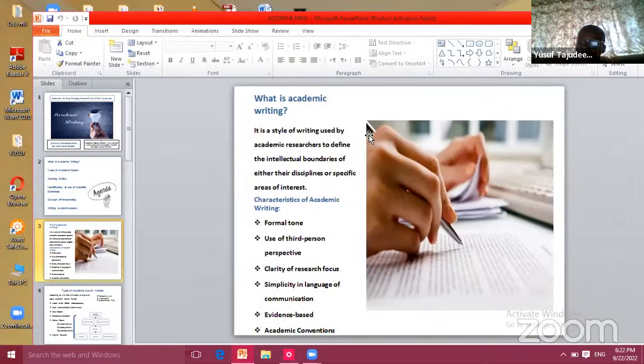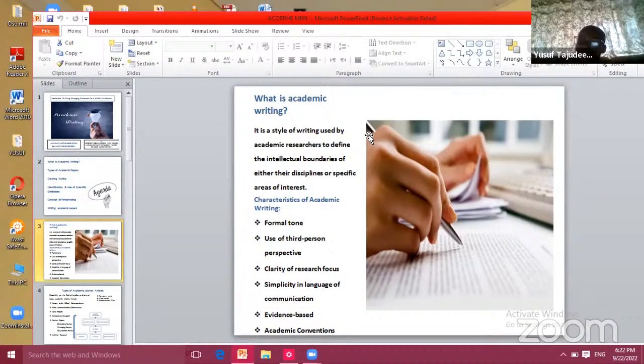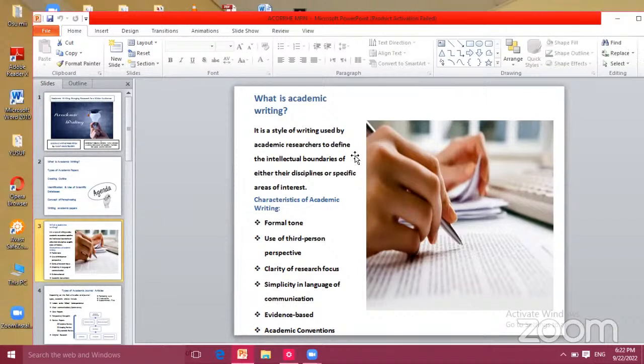Is it okay this way? We can see all the slides on the left side.